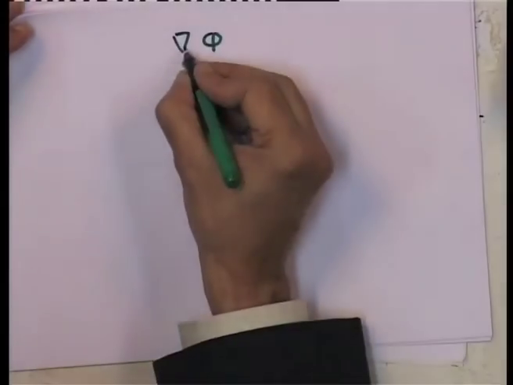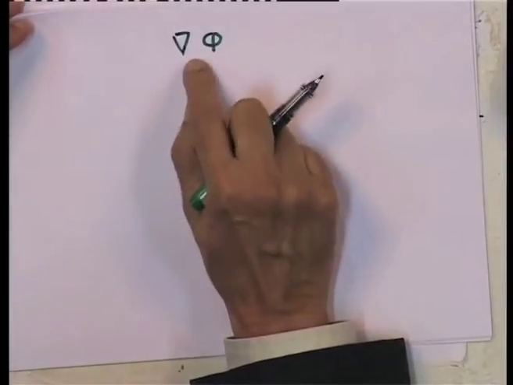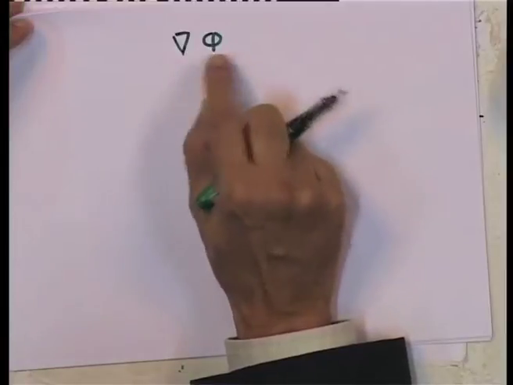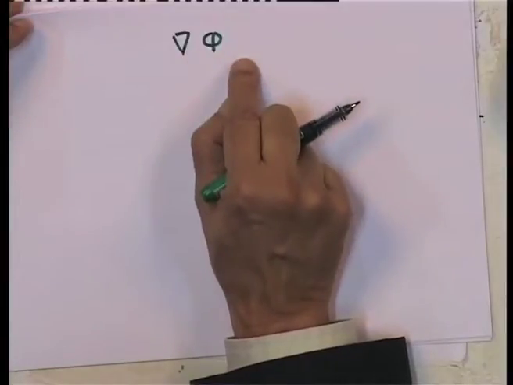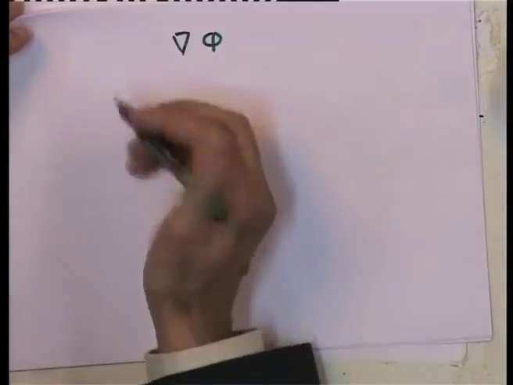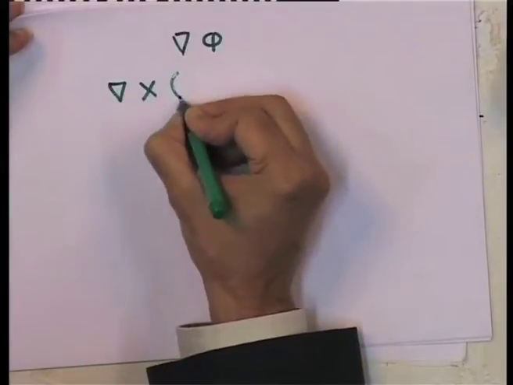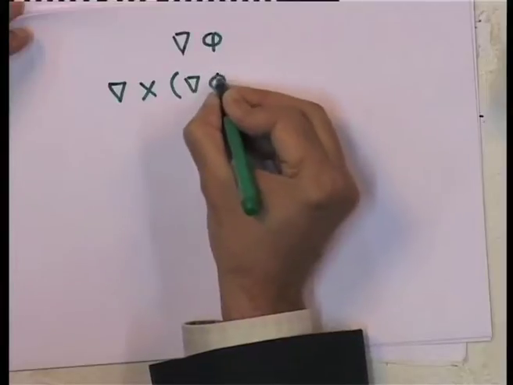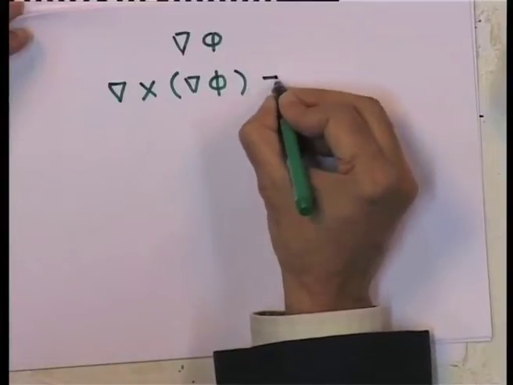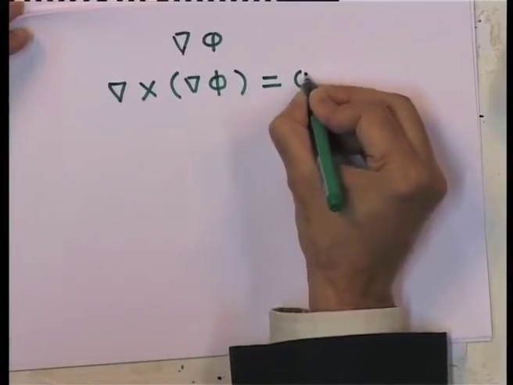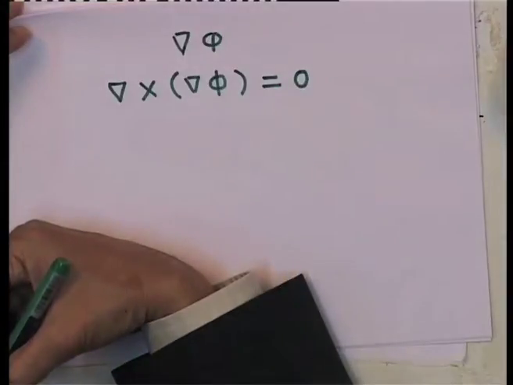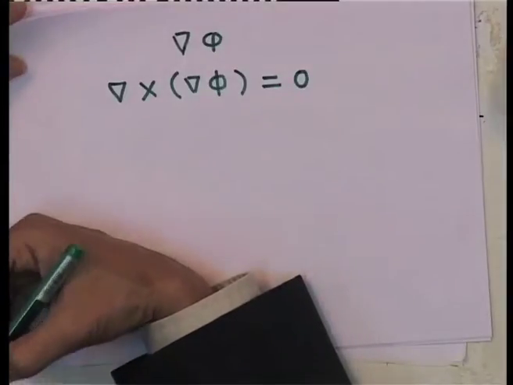You know how to compute its components in the Cartesian coordinate system. Do that and calculate the curl of such a gradient. You will find that it identically vanishes. Curl of a gradient is 0.